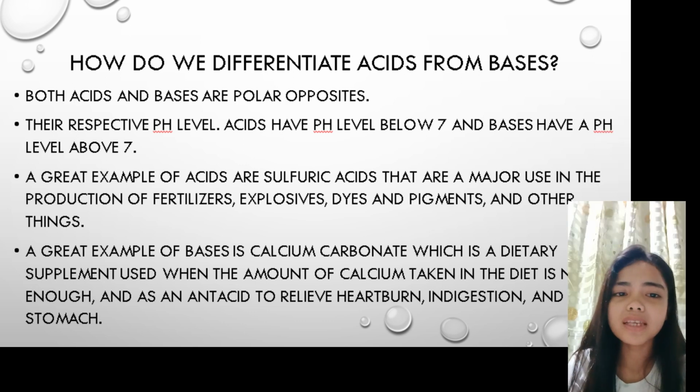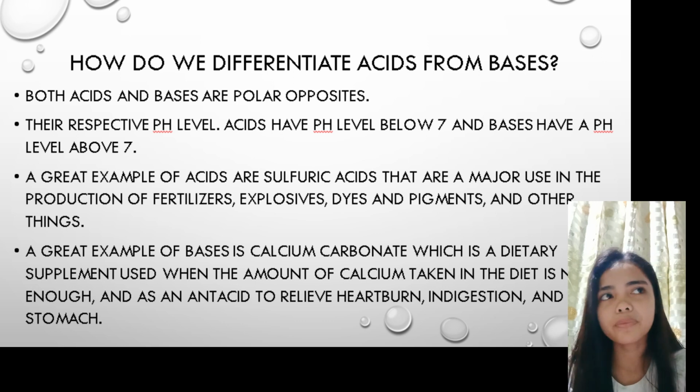An example of a base is calcium carbonate. It is a dietary supplement used when the calcium taken in a diet is not enough. Also, it is used as an antacid to relieve heartburn, indigestion, and upset stomach.